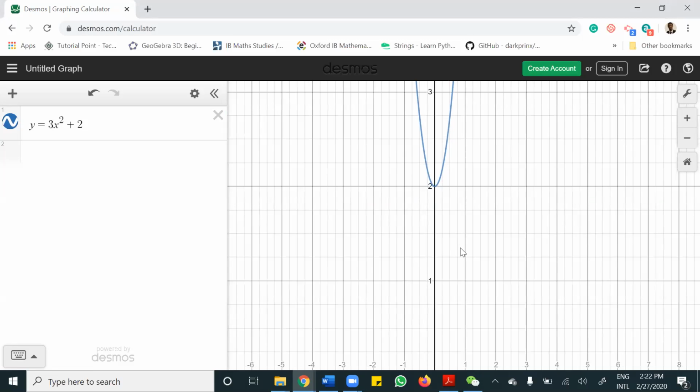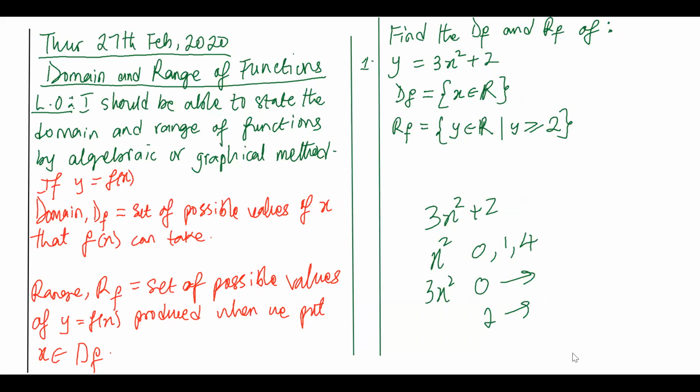So the range is the possible values of y. It's like drawing a straight line along the y-axis and seeing where the straight line can intersect with the curve. The straight line can only intersect with the curve starting from 2 and above. So the possible values you can get are from 2 and above. That is why on the board we have written that the range is all real numbers from 2 and above.